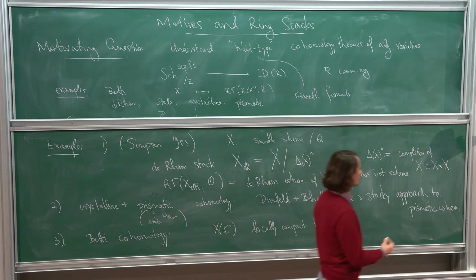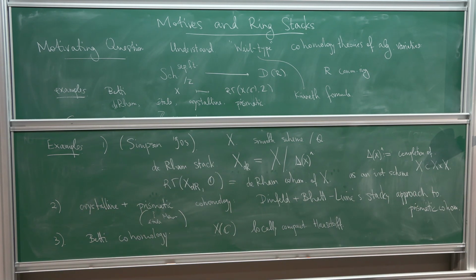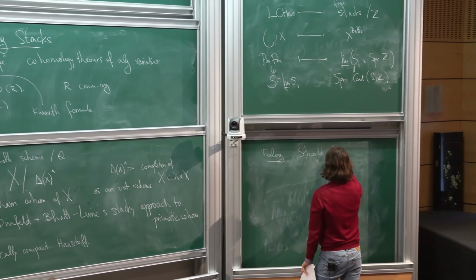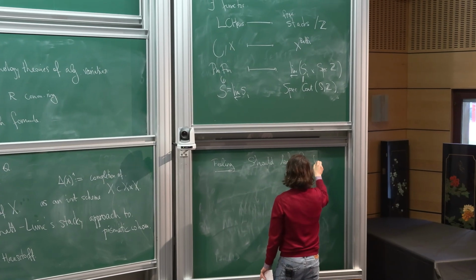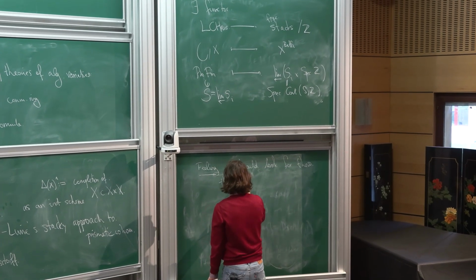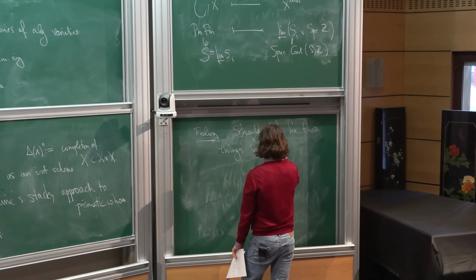So some kind of, I don't know, cohomology series. There are only algebraic objects on the board there. So there's some kind of feeling that one should look for these things in analytic geometry.